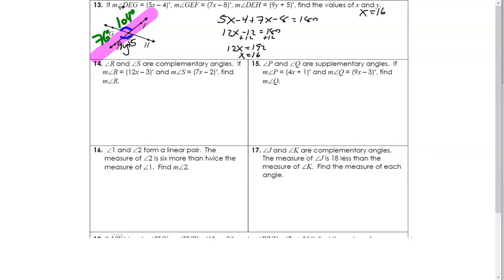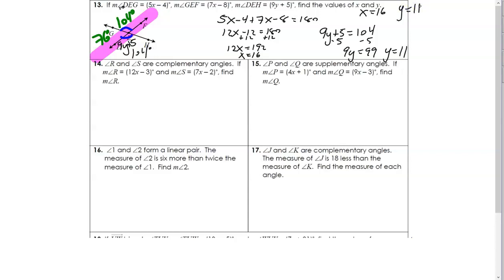So what does that mean? That means they are equal to each other. So that means 9y plus 5 equals 104. So 9y equals 99, so y equals 11. If you check it out, 99 plus 5 is 104. So it's all good. So y equals 11.